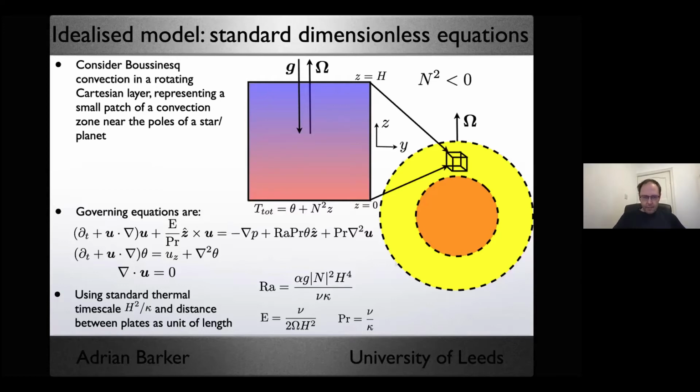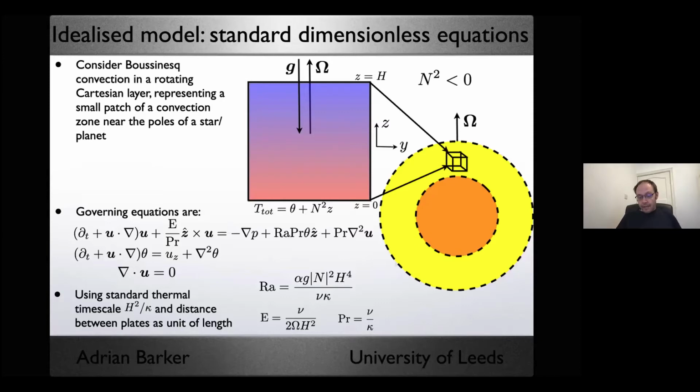I think I lost my pointer when I went to the slideshow. It is a measure of the ratio of the buoyancy driving forces, which is related to the temperature gradient, to the diffusive processes involving viscosity for the diffusion of momentum and thermal diffusion for the diffusion of heat. And when the Rayleigh number exceeds a critical value, then convection occurs.